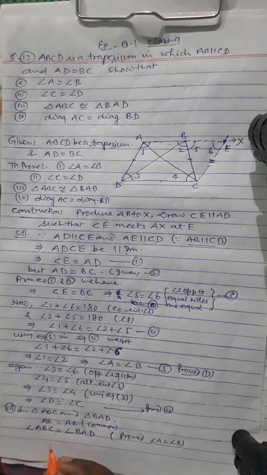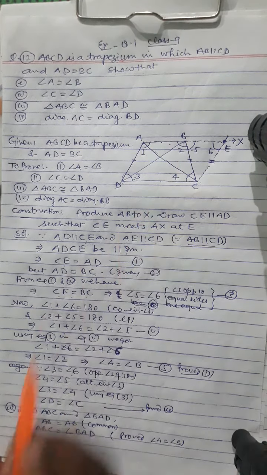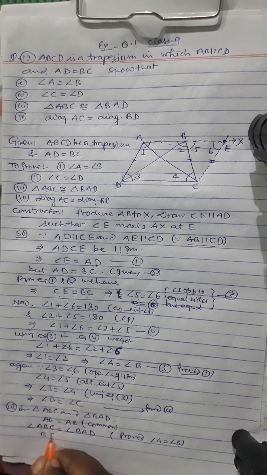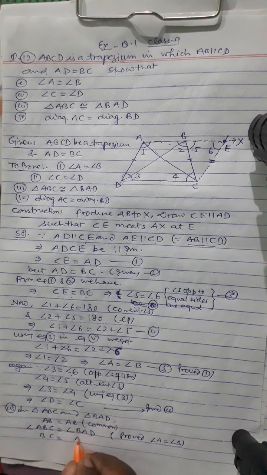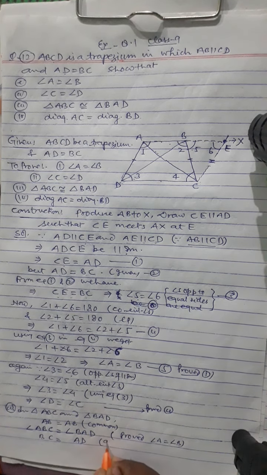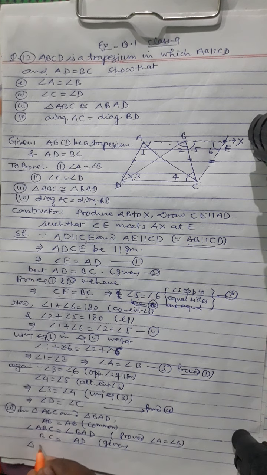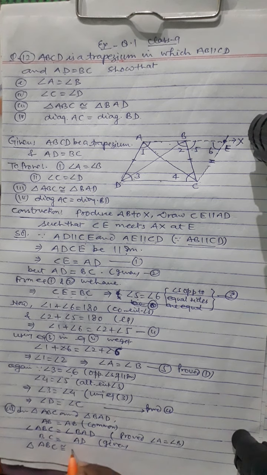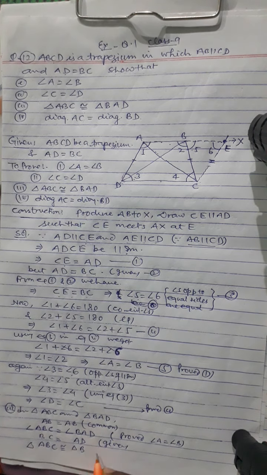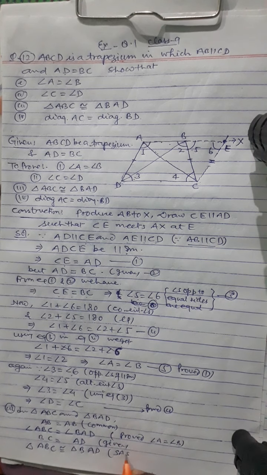And the third one: in triangle ABC, BC is equal to AD. This is given. Therefore triangle ABC is congruent to triangle BAD by the side-angle-side criterion.